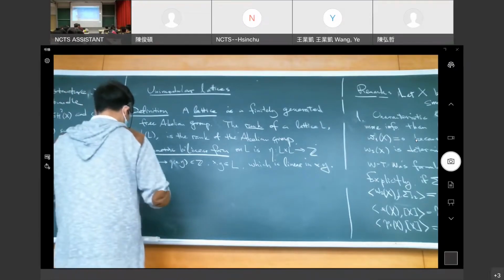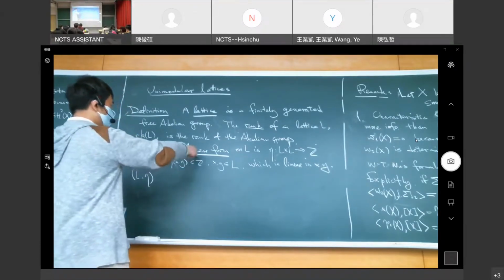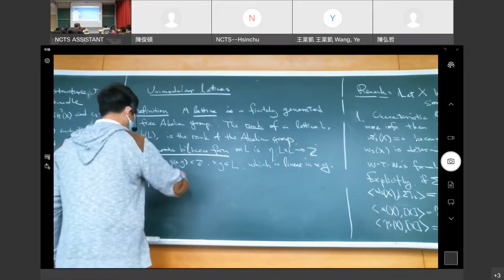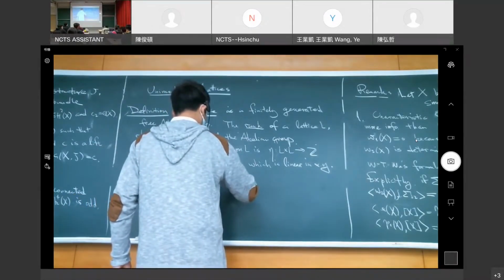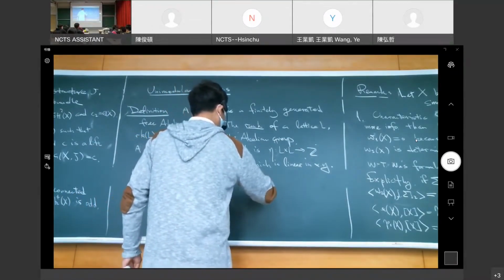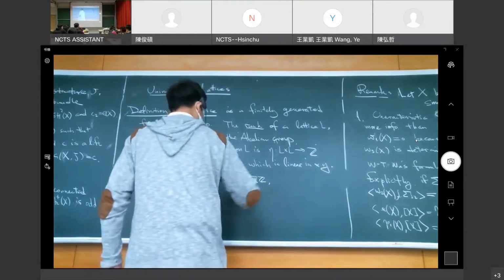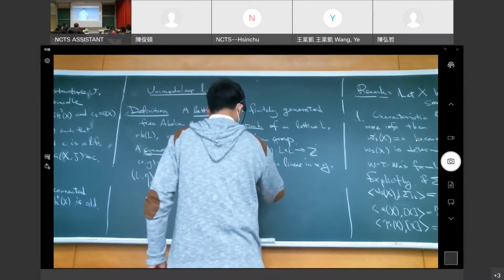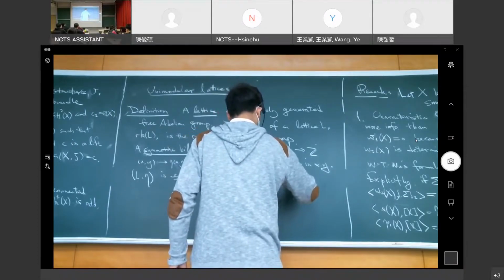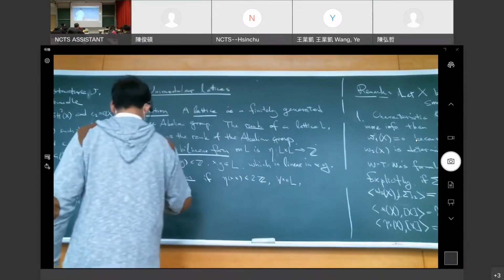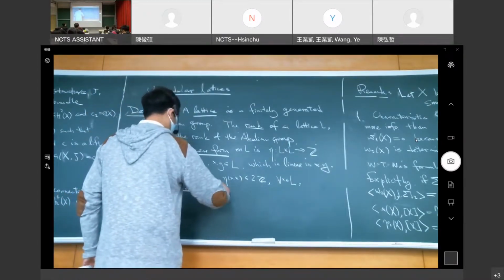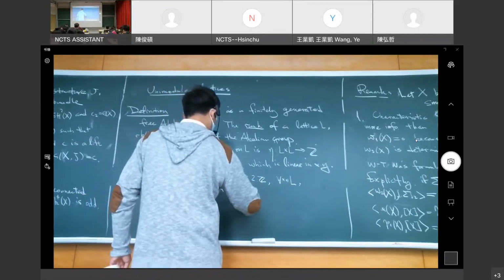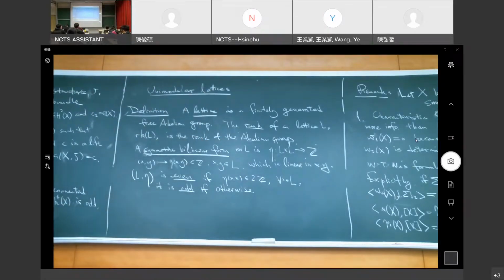Then this lattice with this symmetric bilinear form is called even if eta of x, x is an even number for any x in L. And otherwise, it is called odd. So these are very natural definitions.